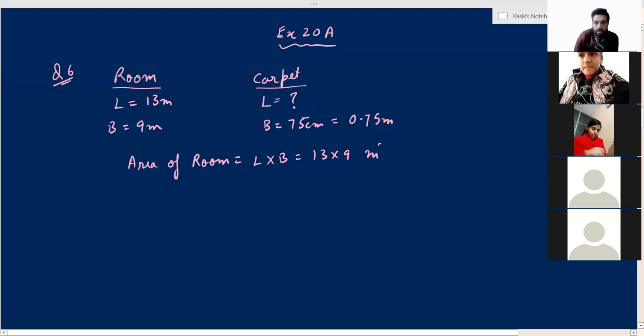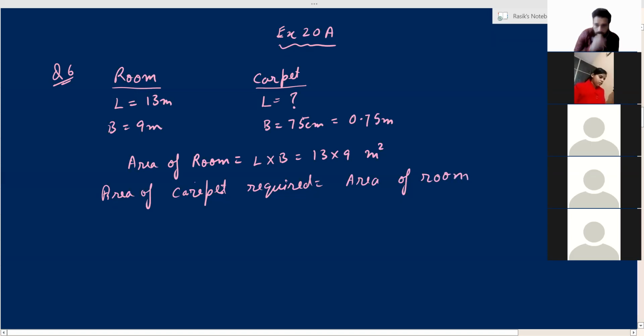I am not multiplying it because afterwards I have to simplify. So area of carpet required is equal to area of room.